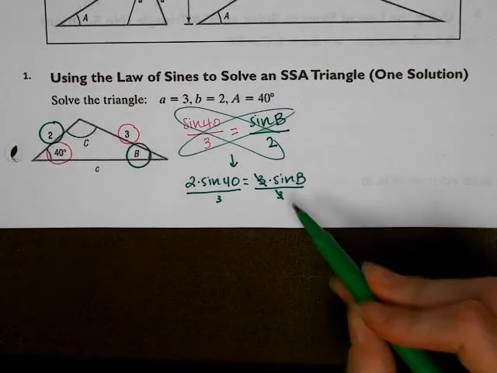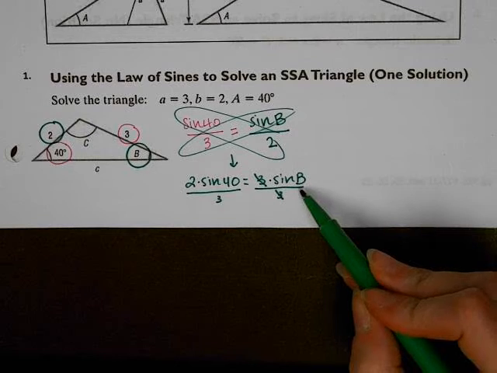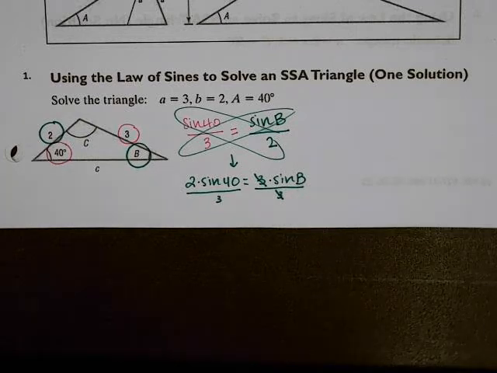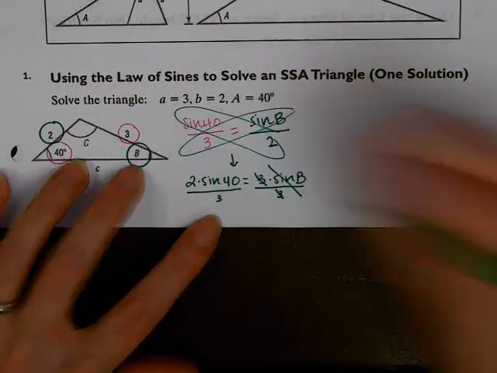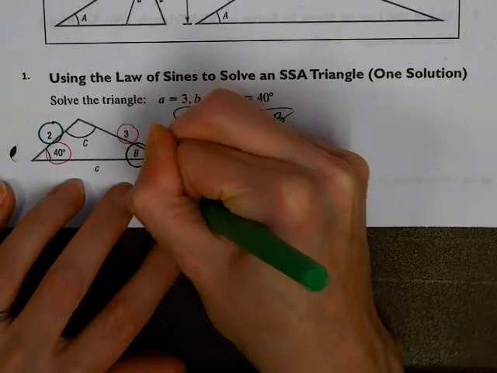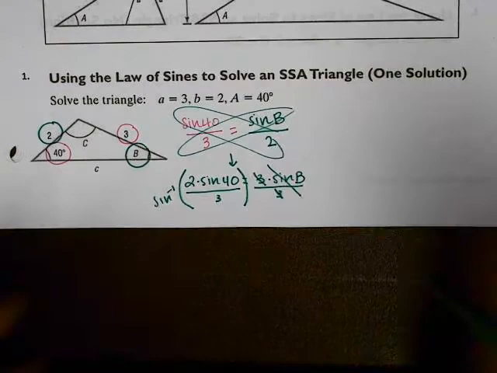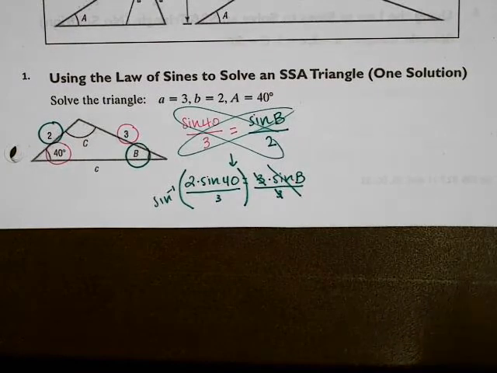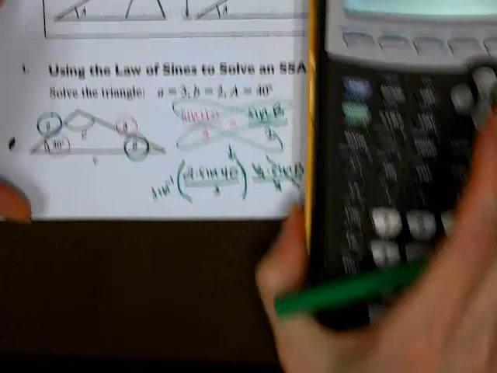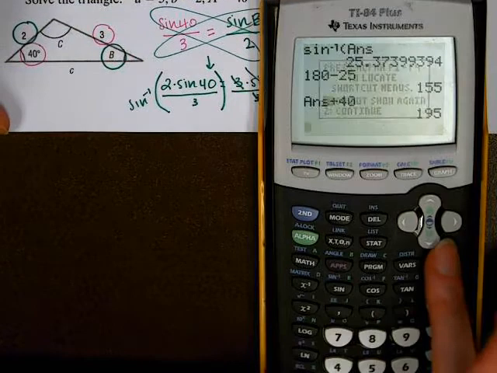And then, if you're finding an angle, don't forget you're going to do inverse sine. So in the end, to get angle B, we're going to do inverse sine of this ratio because we're finding an angle.